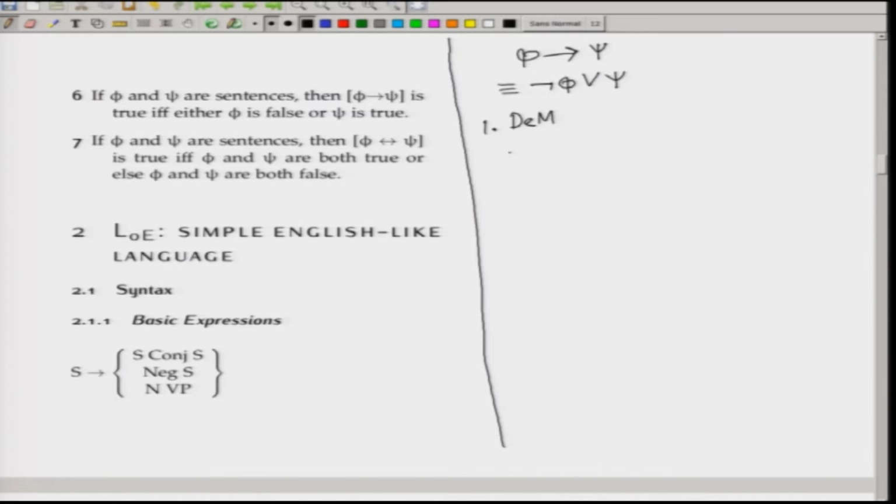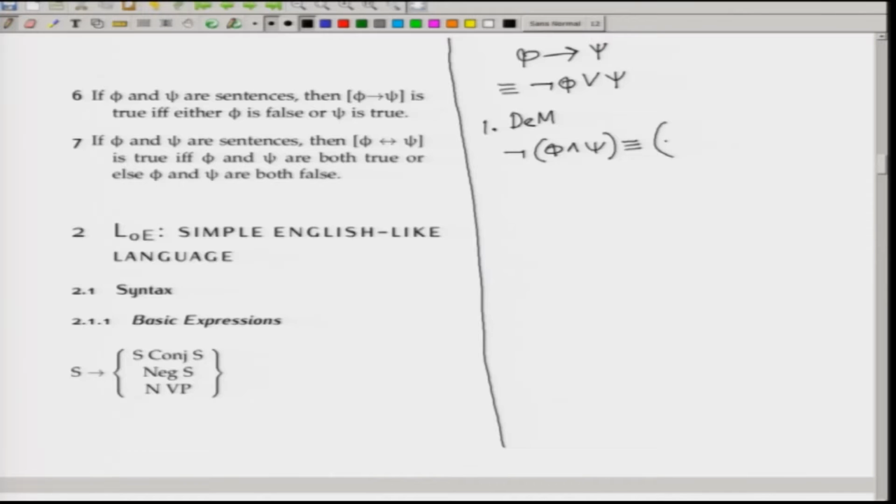Technically, if it is not the case that both phi and psi, then what is said? It is something like it is not the case that both I and John will be there, right? What does it mean? It means either John will not be there or I will not be there.